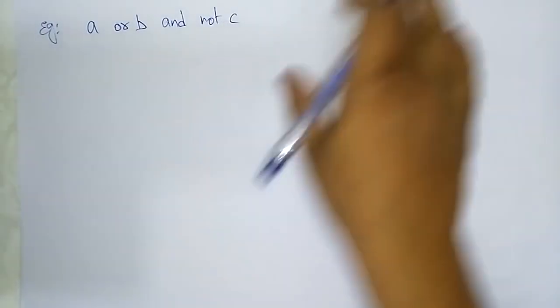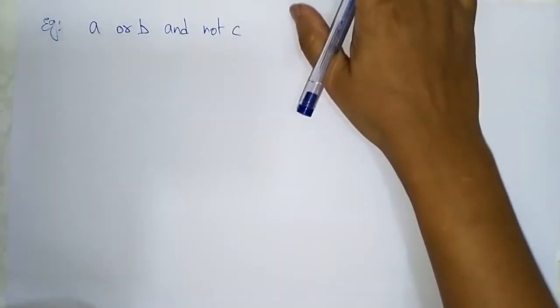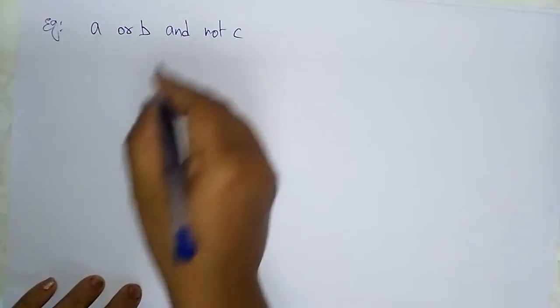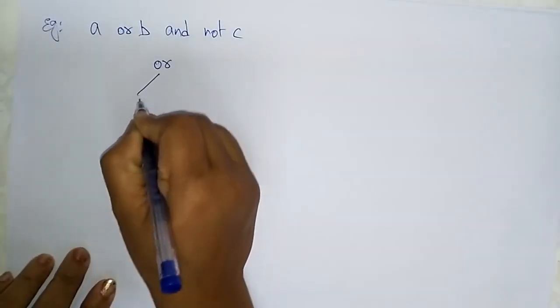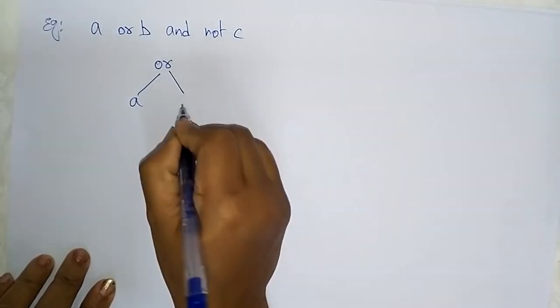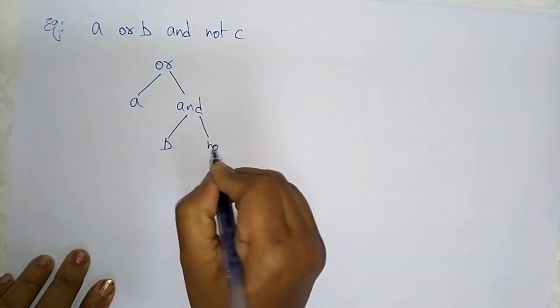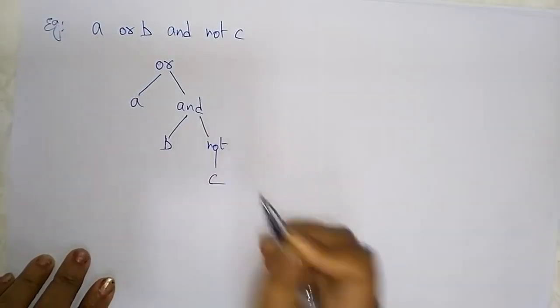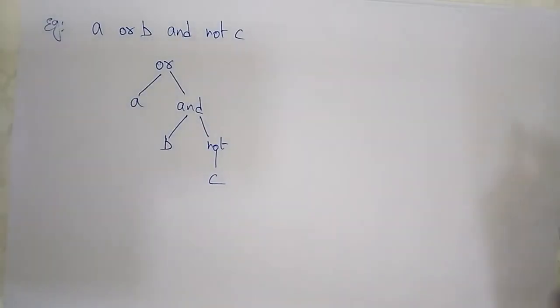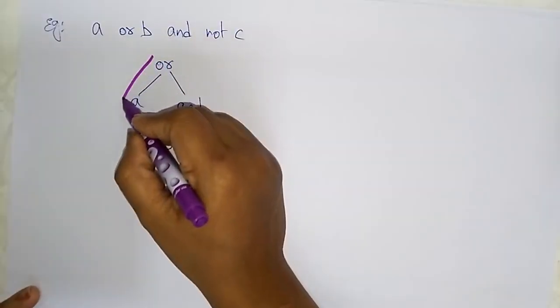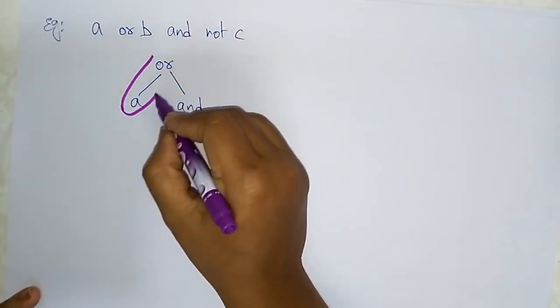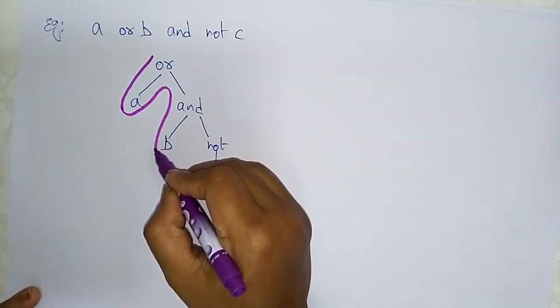A or B and not C. This is an example. So for this expression you need to draw the tree for A or B and not C. Okay, so this is the tree. Now let's check. Parse the tree from top to bottom. So there is no reduction here.